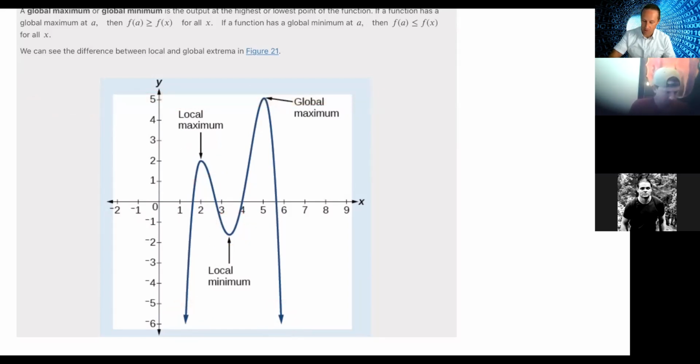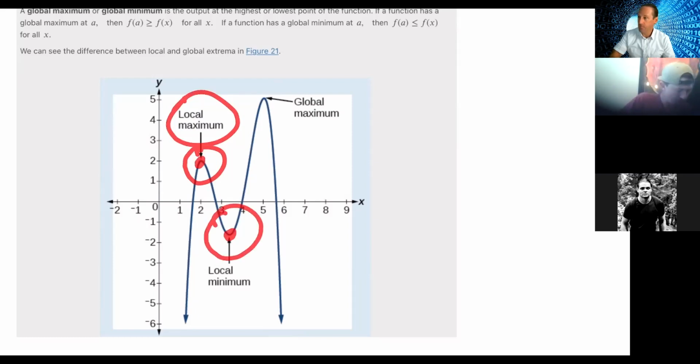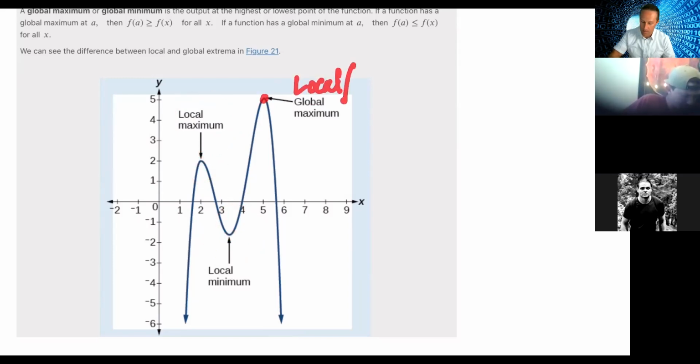So obviously, locally, around this value right here, it is the highest point. So we say it is the local max. Around here, local min. But this one is both a local and global max because it is the highest point on this entire graph. Do we have a global or absolute minimum for this graph?